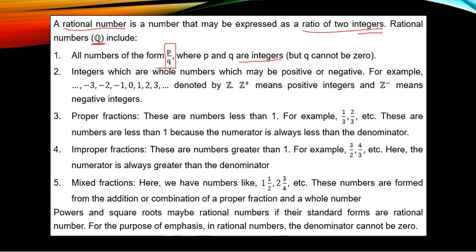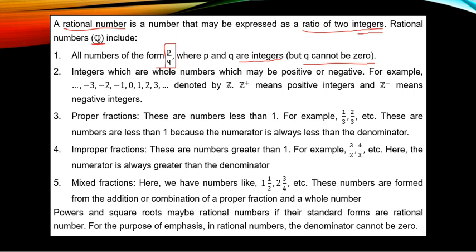Any number expressed as P over Q, where P and Q are whole numbers, negative or positive, we can refer to as a rational number. As you are doing that, you must know that Q cannot be 0, because you cannot divide any number by 0. The result is always undefined. So the first set of rational numbers is a set that looks like P divided by Q.